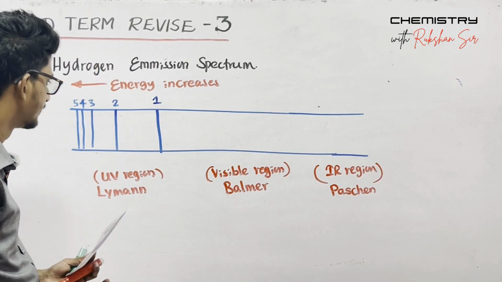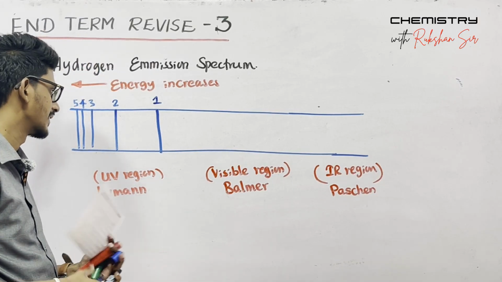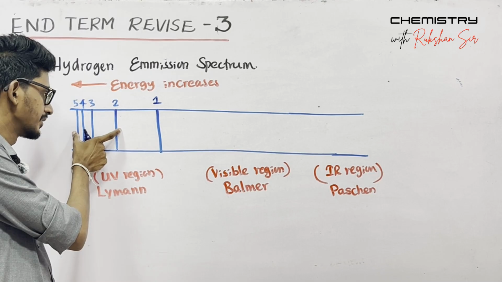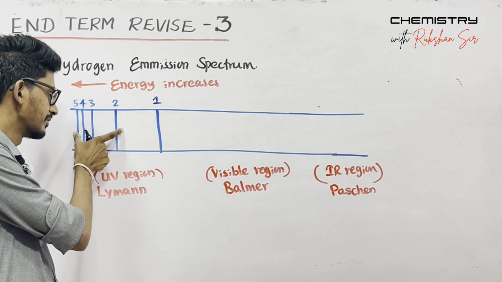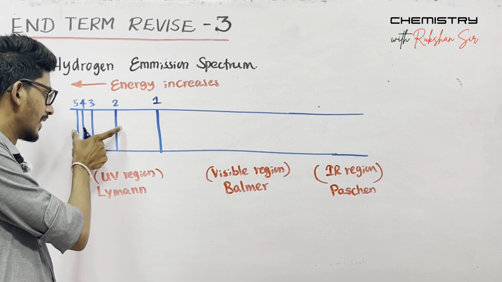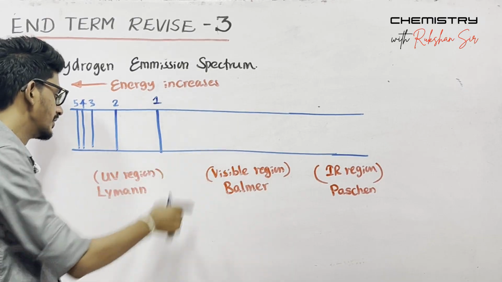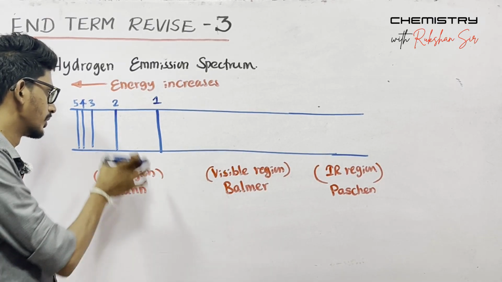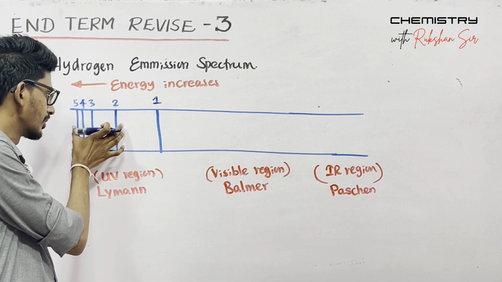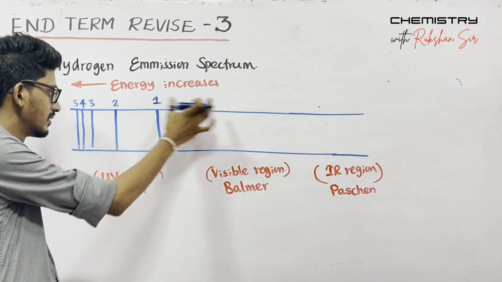To write the visible, just take the second line onward from the Lyman, and paste that at the lower energy region than the Lyman.